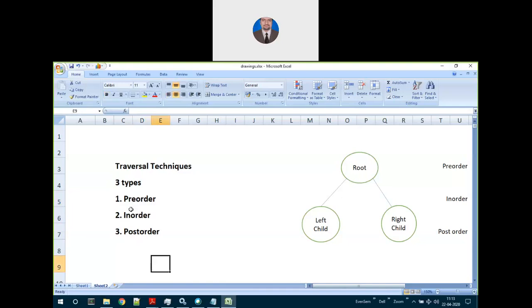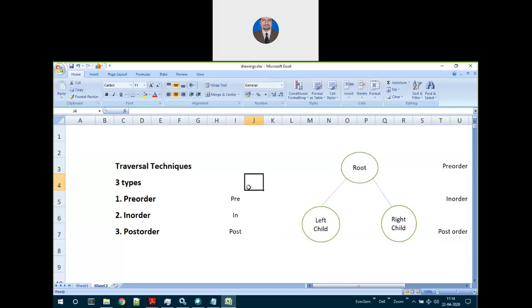The terminologies here indicate something related to pre, in and post. Pre means before, in means in between, and post means after.